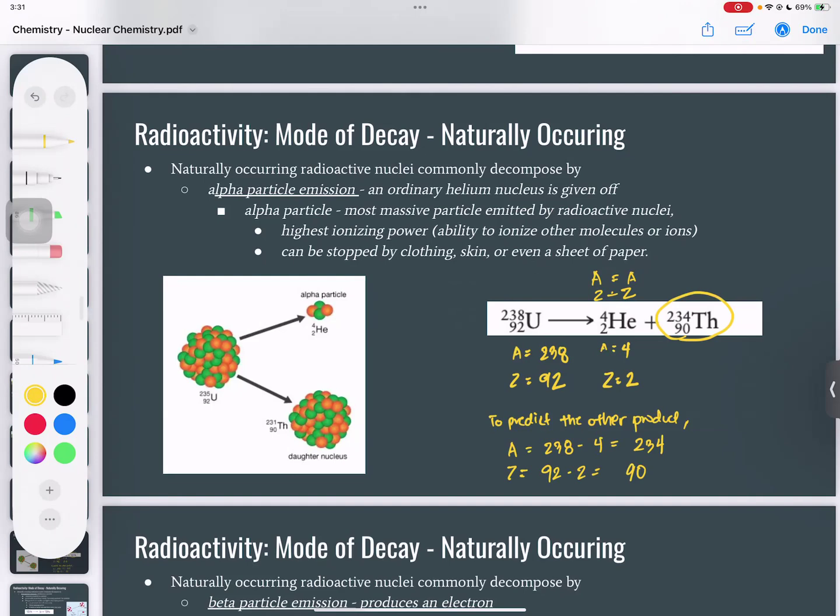You look at your periodic table, and we know that the identity of a certain element can be dictated by its atomic number, or the number of protons, or its Z. So you look at the Z of 90, or the atomic number 90, and what falls on it. You can see in your periodic table that it is thorium, or Th.